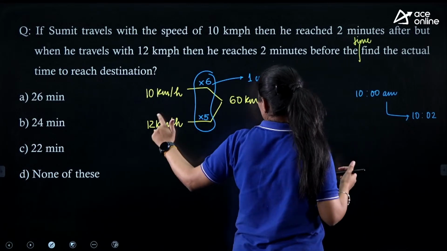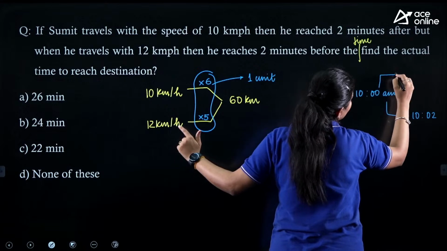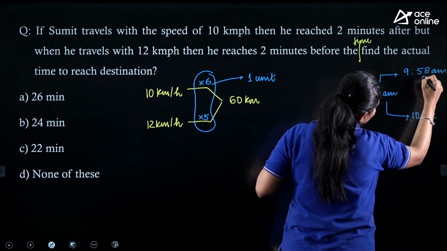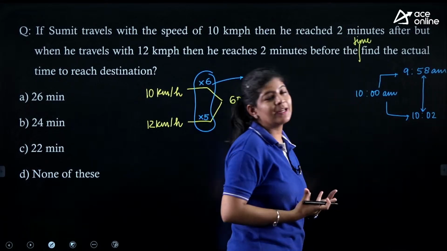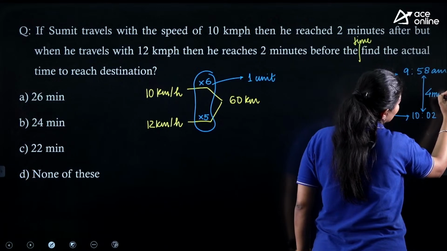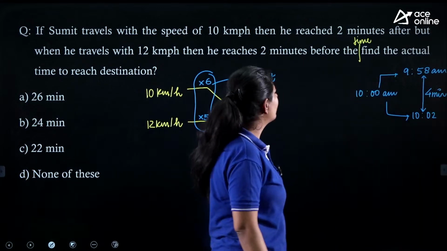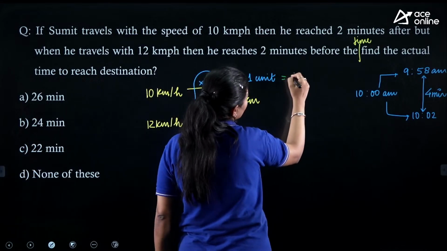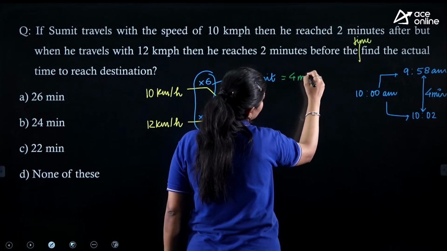And if he is moving with 12 kilometers per hour, he reaches by 9:58 AM. That means the difference that we are getting in the time period is 4 minutes. That means the value of this 1 unit is 4 minutes.